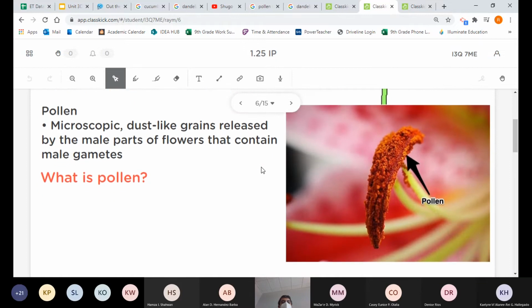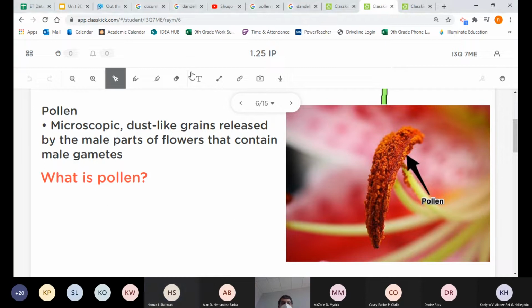Now, based on what you see on the screen in front of you, what is pollen? Can I get a volunteer to read that for me, please? I can. Go for it. Pollen, microscopic dust-like grains released by the male parts of flowers that contain male gametes. Thank you, Hamza.